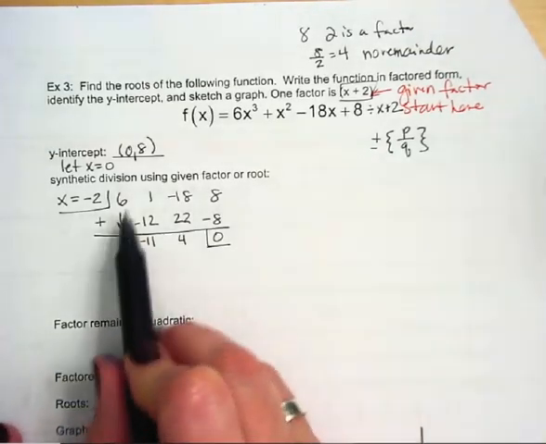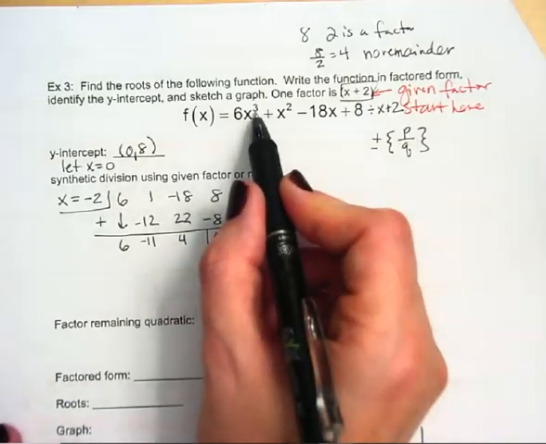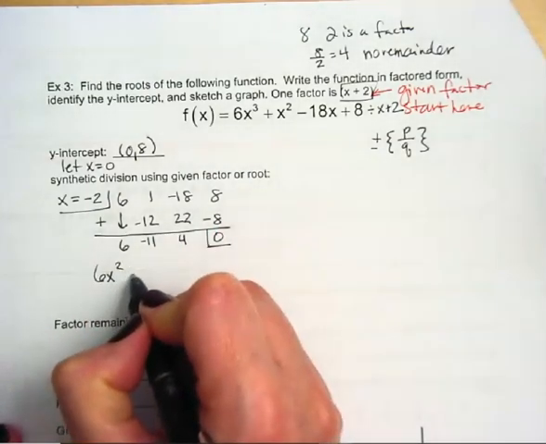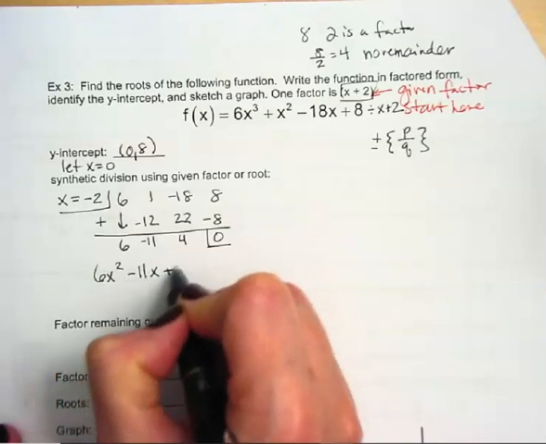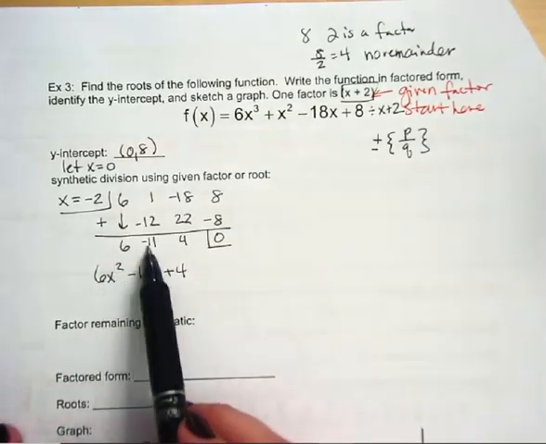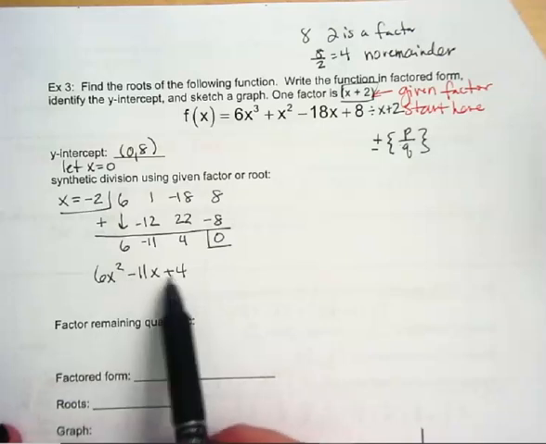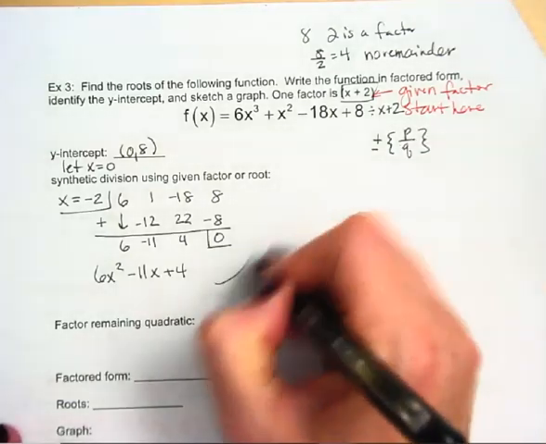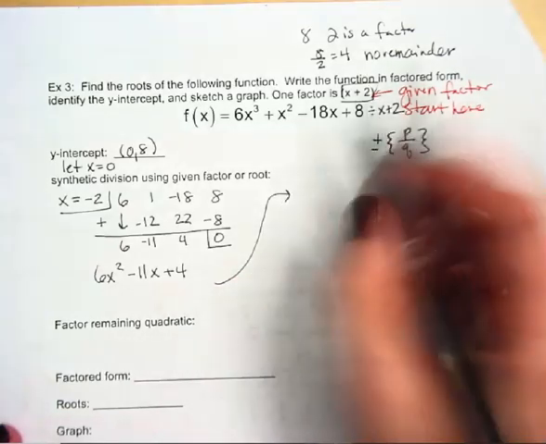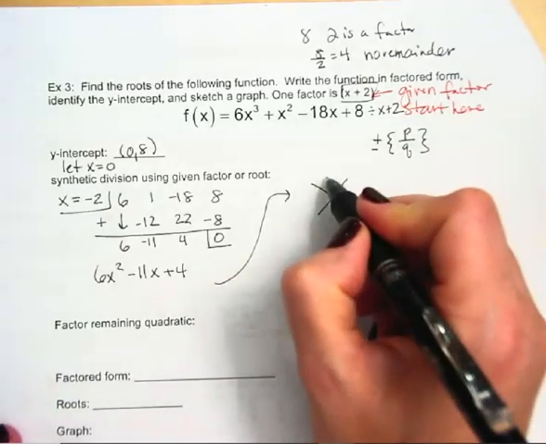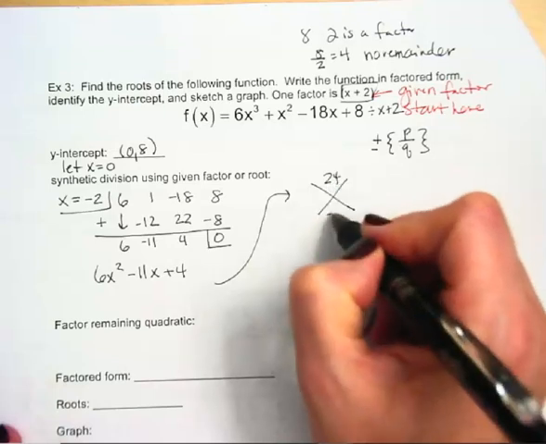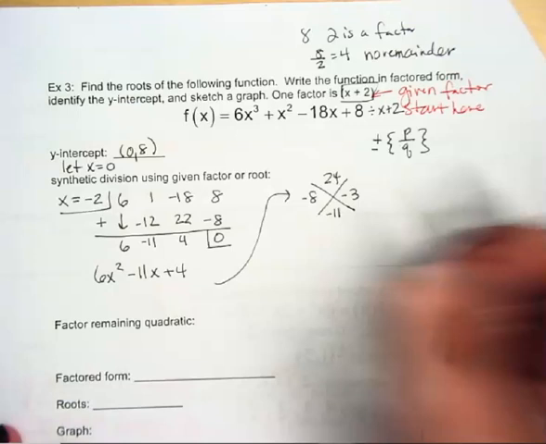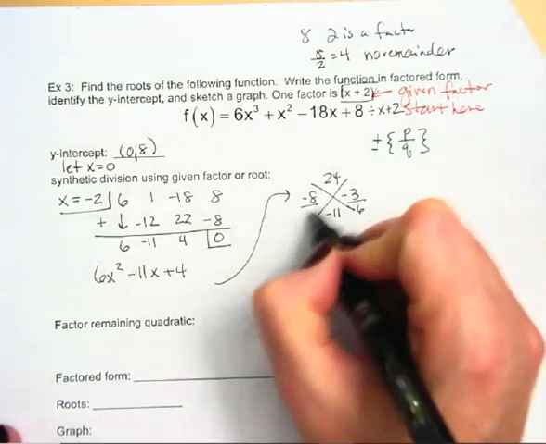So now if I add my x's back in, I start with 1 degree less, so 6x squared minus 11x plus 4. So these are my coefficients. And now that I have a trinomial, now I can use my factoring method. What multiplies to AC and adds to B, negative 8 and negative 3, divide by the A value.